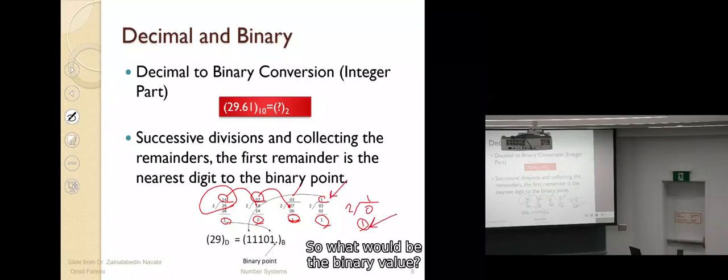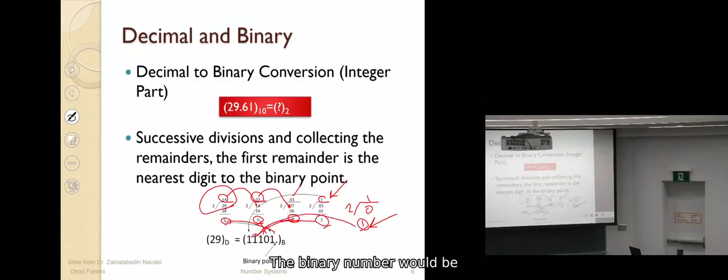They are the same. So what would be the binary value? You start from the last remainder and go one by one: 1, 1, 1, 0, 1.